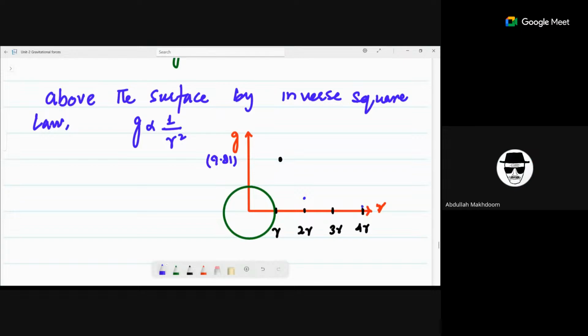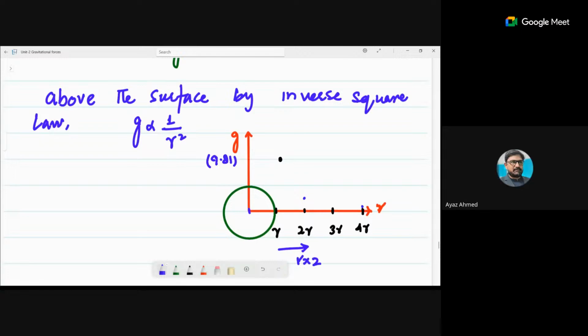So double the distance, then 1 by 16. R is increased by 2, but 2R is actually squared, so 4 R square. So g will be decreased by 4. That's what I'm saying. So g decreases by 4, but R square value increases by 4.